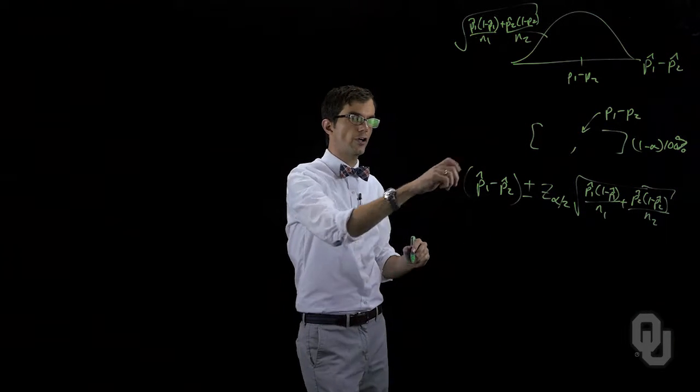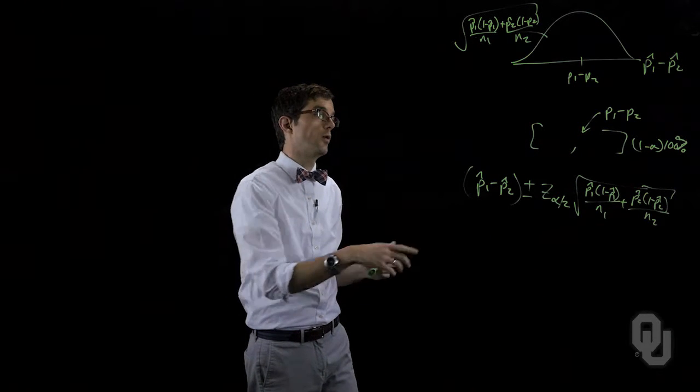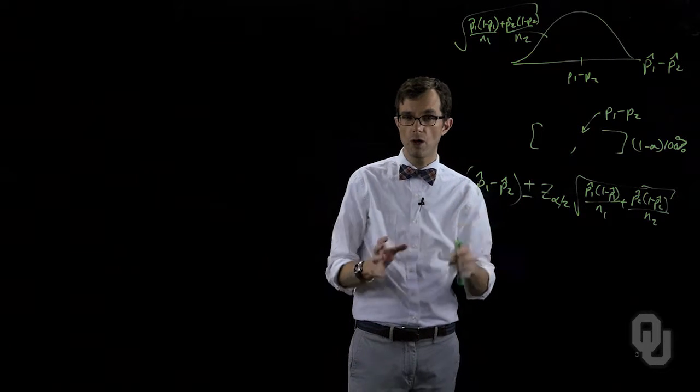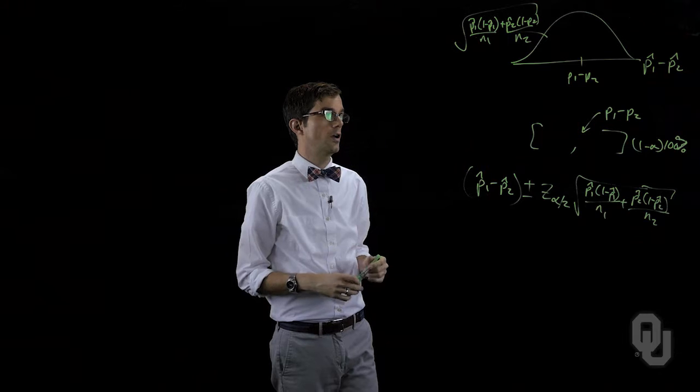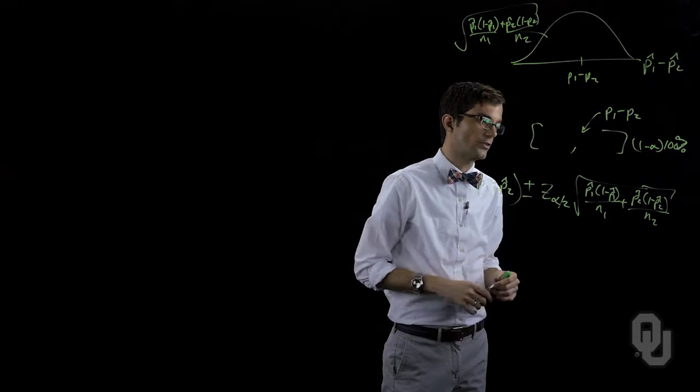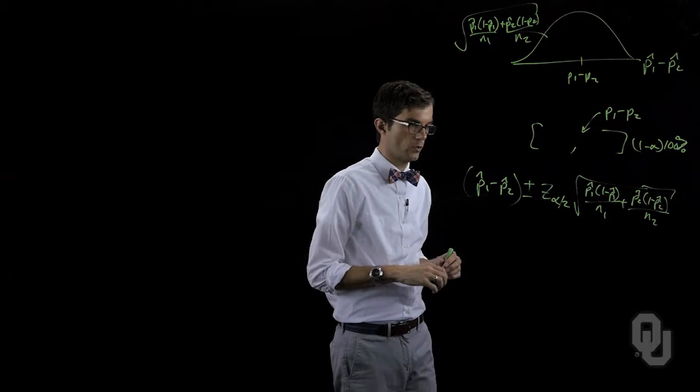Okay, so this is our 1 minus alpha times 100% confidence interval. We use a z distribution, as we always use a z distribution for proportions, because we assume we collect a large enough sample size that a z distribution is going to work.